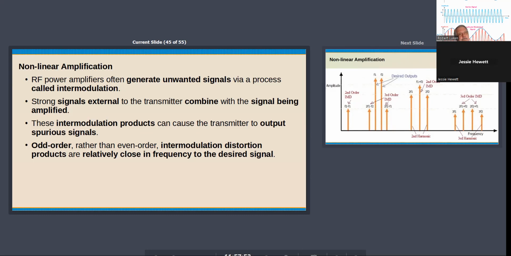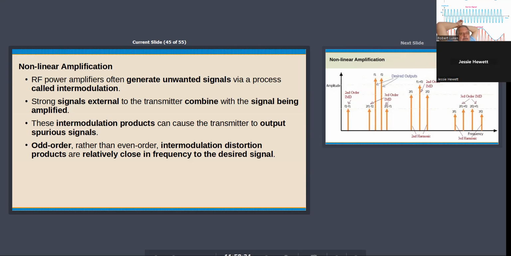Nonlinear amplification. So if you have external signals that somehow get in with your power amplifier, you can have what's called intermodulation distortion or products, and you get the nonlinear mixing of those signals, and they produce a lot of harmonics or spurs.